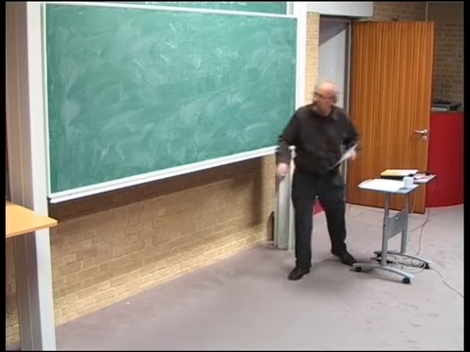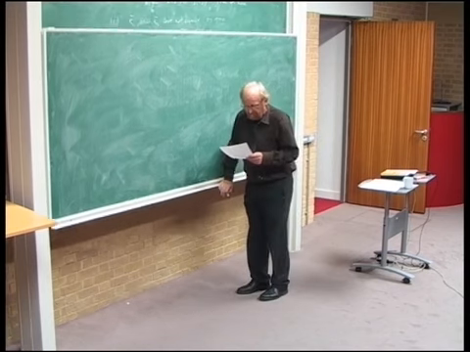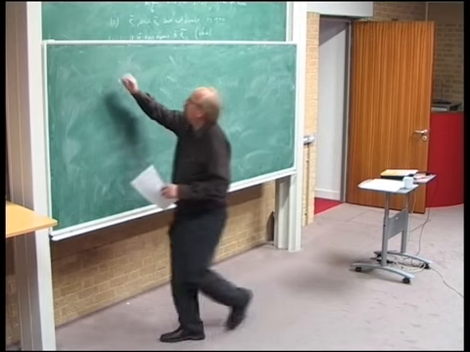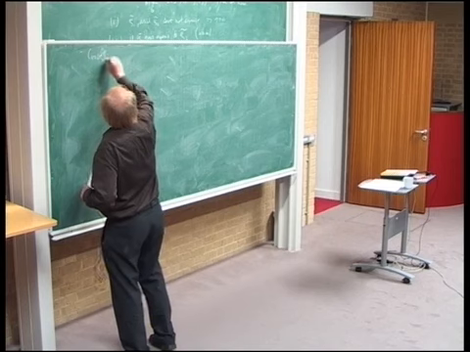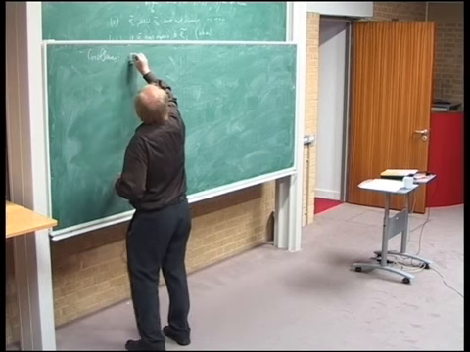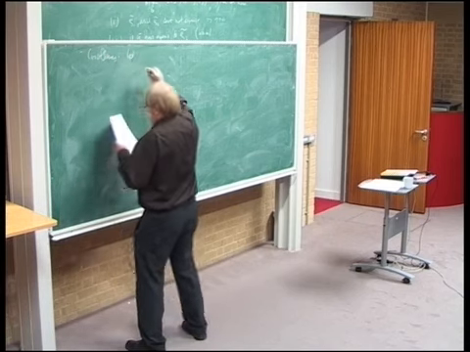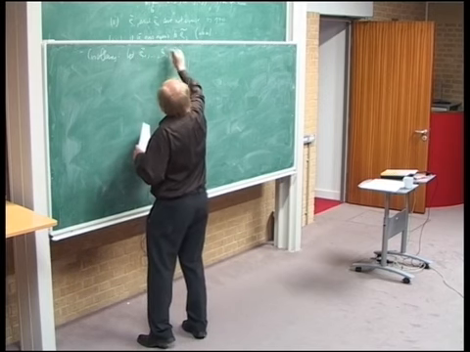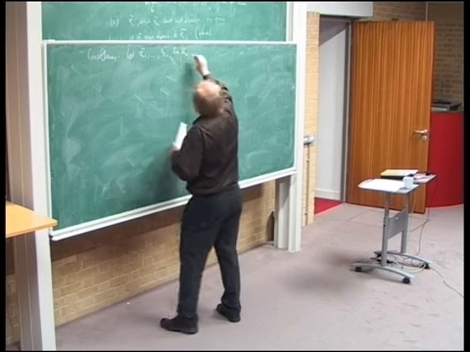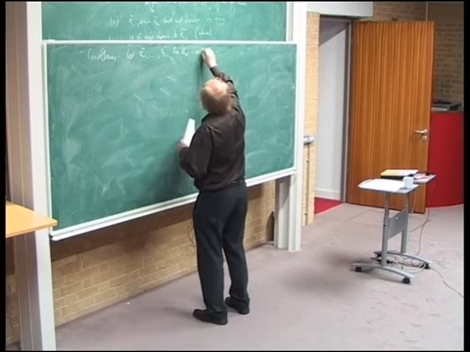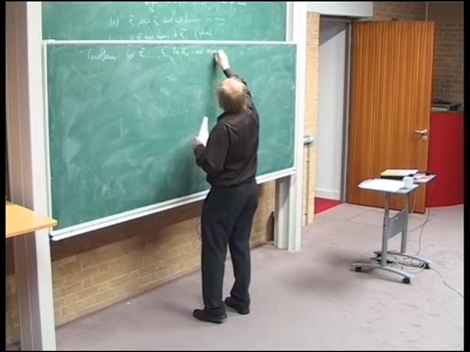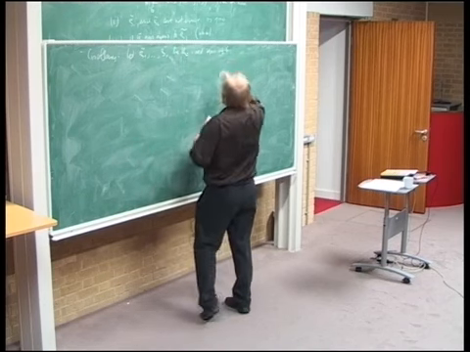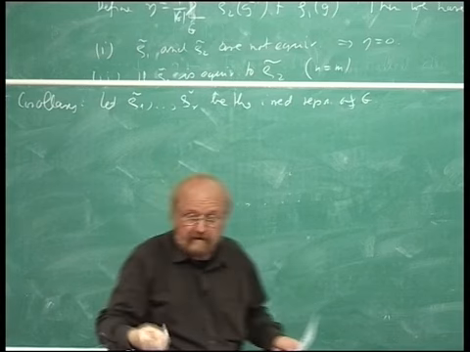So we have finitely many irreducible representations of a finite group. Corollary: let rho 1 tilde to rho r tilde be the irreducible representations of G. Now I can write down a complete list. There are finitely many.